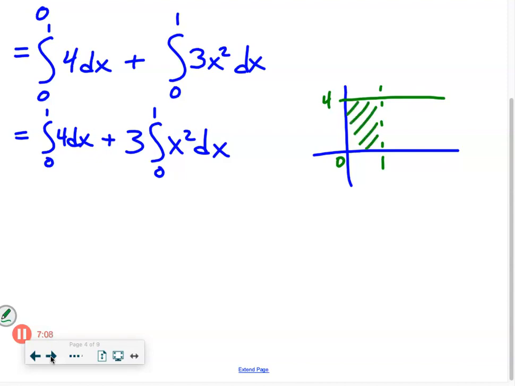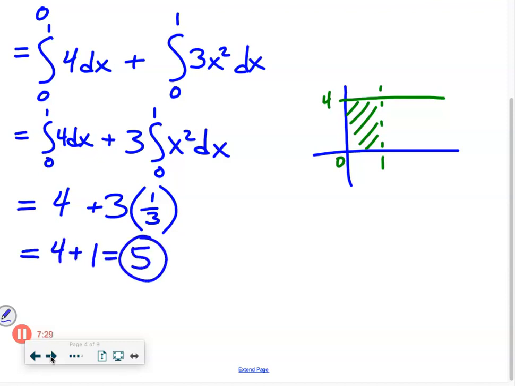Well, it's just a rectangle, right? It's just 1 times 4. So this integral is actually just 4. And then they gave us at the beginning of the problem that the integral from 0 to 1 of x squared dx was 1/3. So that's just given. So you end up with 4 plus 1, or 5.